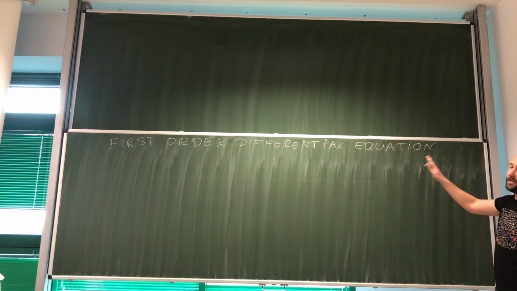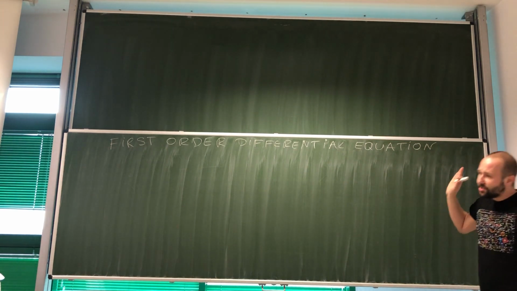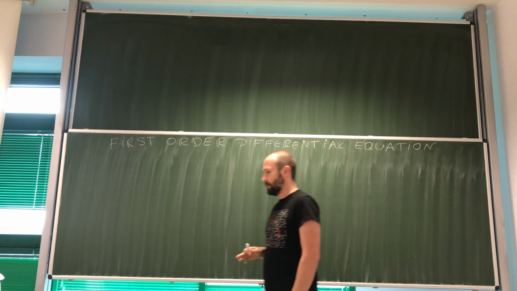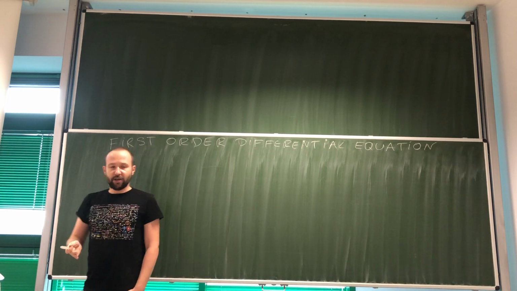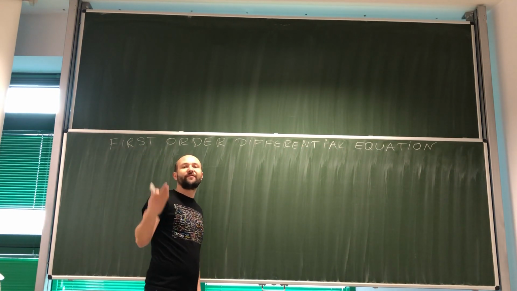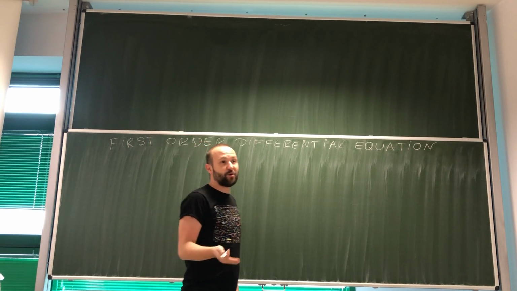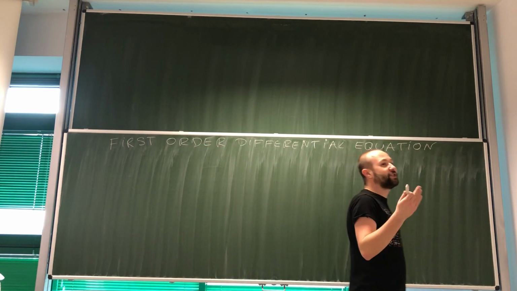So first, what is a differential equation? Look, a differential equation is an equation in which we have a derivative. And when we find a solution, we need to get rid of this derivative.